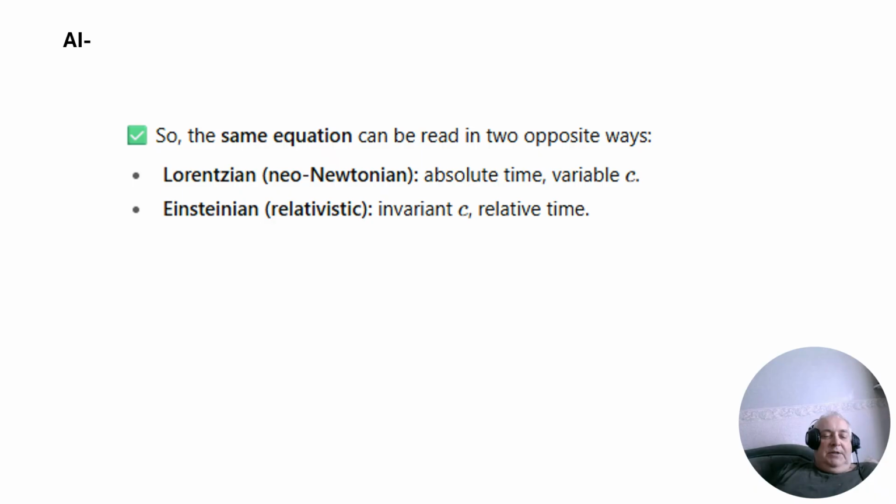AI says the same equation can be read in two opposite ways, and that's the equation I presented, the foundational equation. The first way is the Lorentzian, which is neo-Newtonian with absolute time and variable c, or the other way is Einsteinian, relativistic with special relativity, and you've got invariant c and relative time.